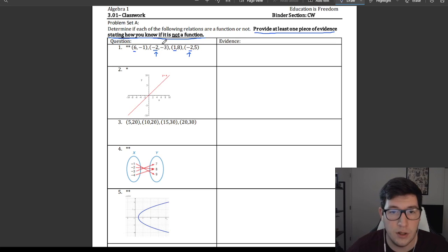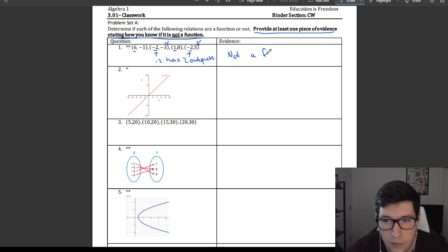And so if these aren't unique, that means that -2 has 2 outputs, right? It means that it has the output of 5 and -3. But given the rules of what a function is, each input has to have exactly one output. So I know that this is not a function.